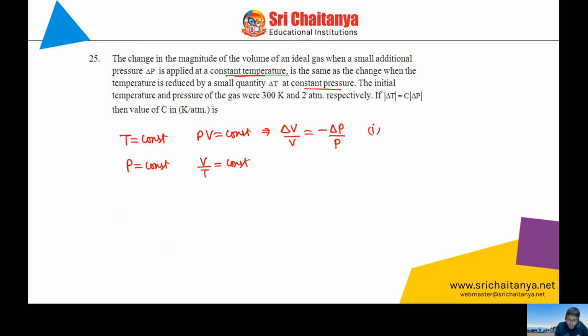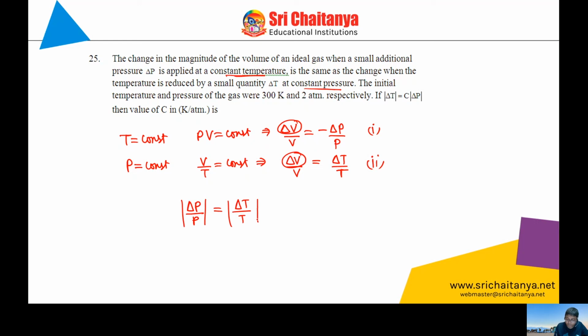That allows us to write that delta V by V will be equal to delta T by T. That is the second one. The volume is the same and the change in volume in both situations is also the same. So the left hand sides of both these equations are the same, and we compare the absolute values. So we can say that the absolute value of delta P by P will be equal to delta T by T.